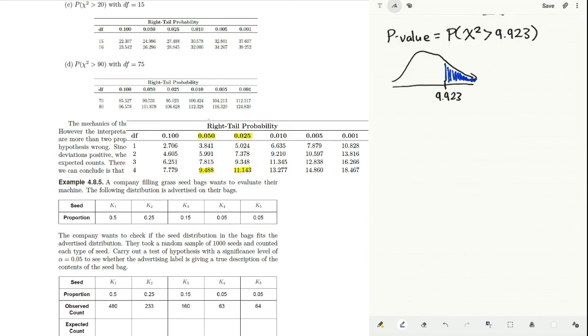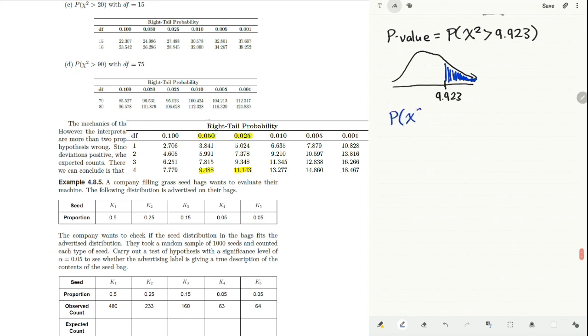Using our table, we first locate 4 degrees of freedom, and now we want to determine where the test statistic of 9.923 will fall within that row. We see that 9.923 falls between 9.488 and 11.143. Let's write down the corresponding areas that are given to us from our table.